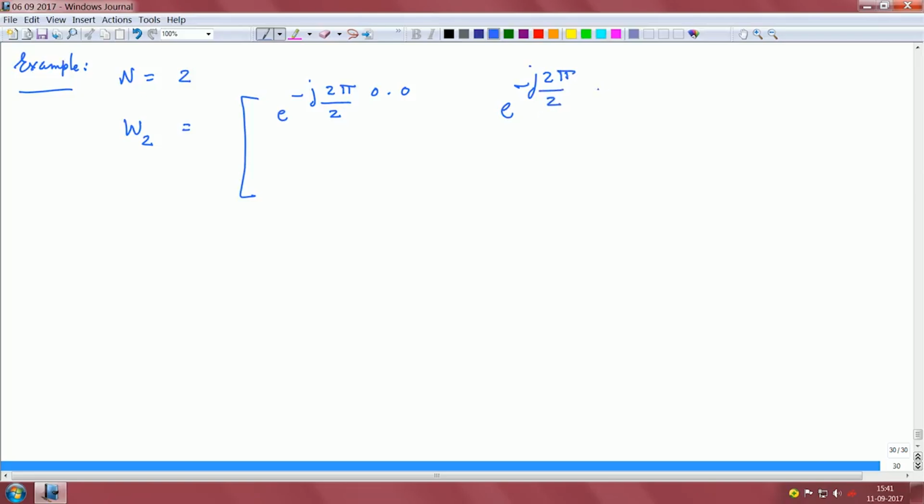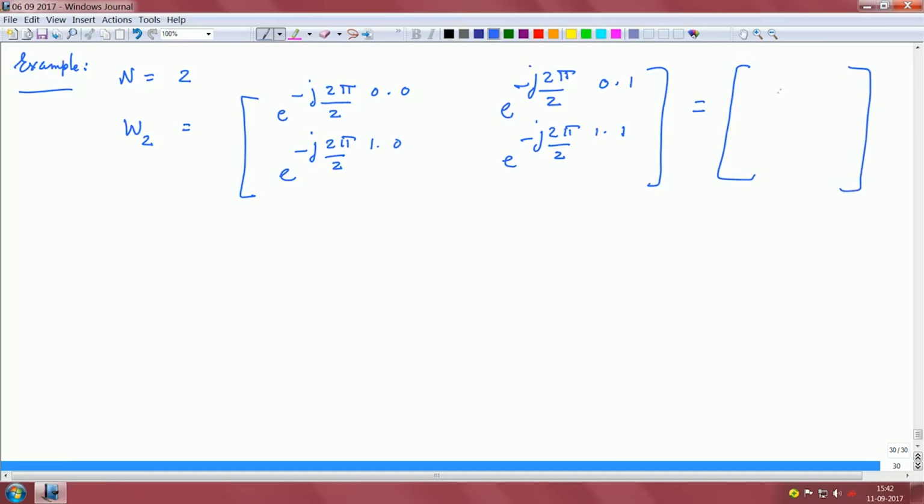This is a constant factor, 0 times 1, e power minus j 2 pi upon 2. This is 1 times 0, e power minus j 2 pi upon 2. This is 1 times 1. And if you just simplify this, you get 1 1 1 minus 1. This is e power minus j pi, which is cos pi minus j sin pi, which is minus 1, and the rest happen to be 1 because this evaluates to 0.